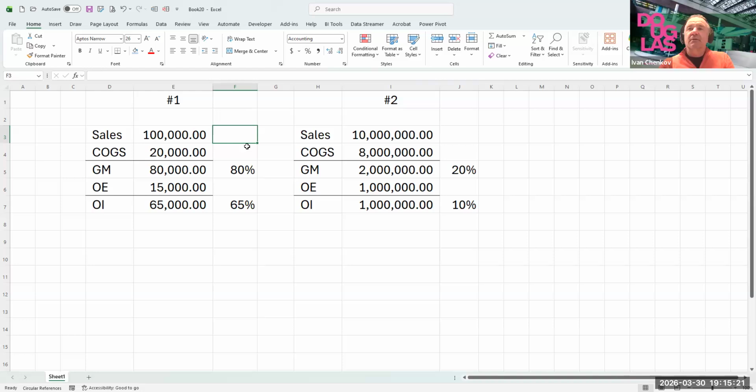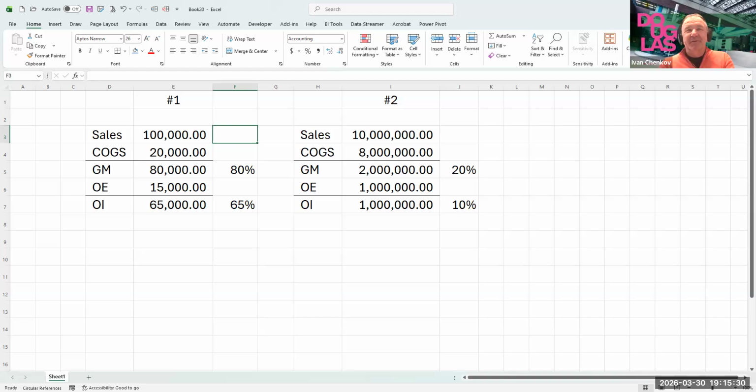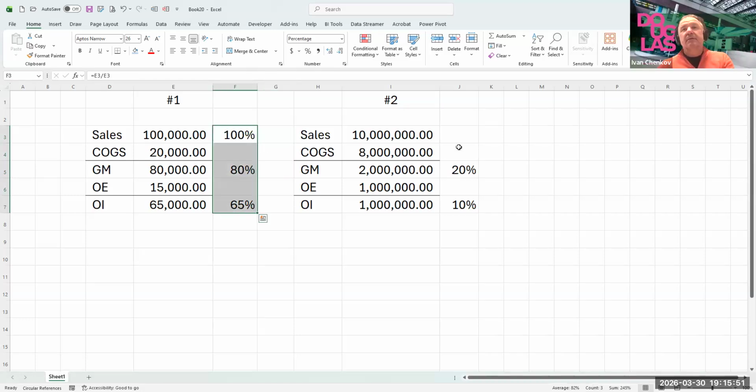How did you get the 100? 100,000 divided by 100,000, it's going to give you 1, which represents 100%, correct? Yes. That's how we get there. That's exactly my point. Okay, excellent.